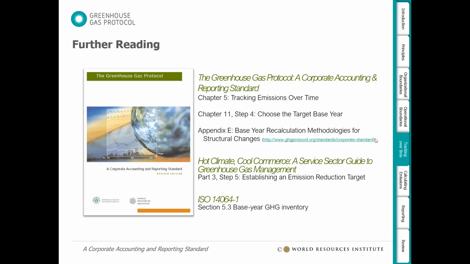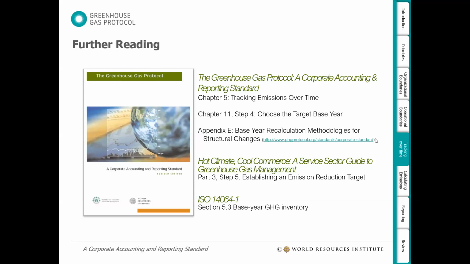Sarah asks whether there are any advantages or disadvantages to selecting a new base year. One advantage is credibility. I think having a recent base year makes a target look more robust and credible to external audiences. One disadvantage, though, is that if a company has an existing target and then revises its base year inventory, then it may find that its progress, its attainment of that target, may have changed.